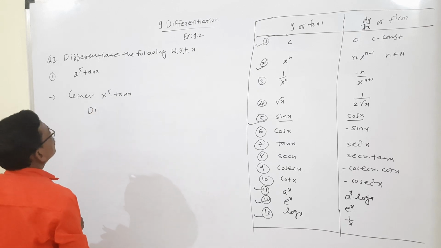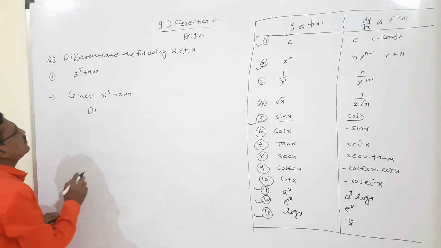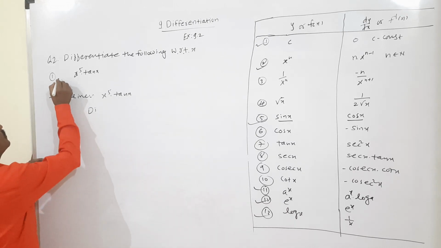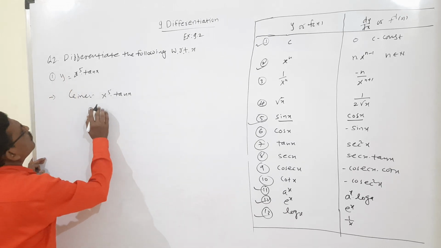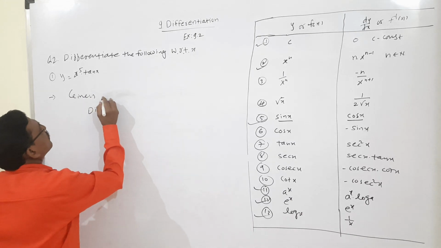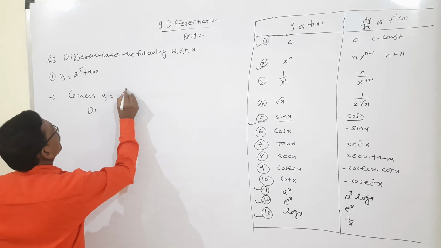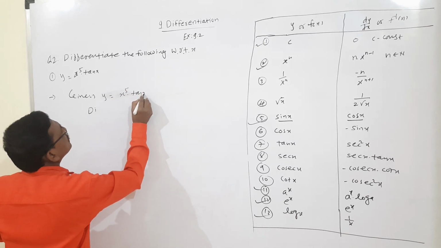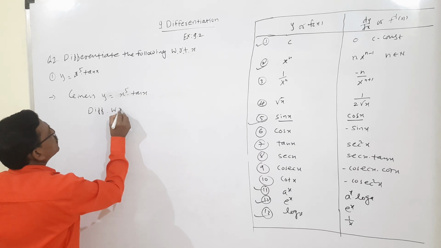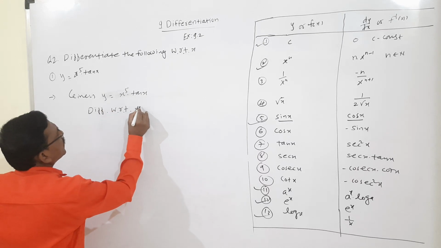Let the given function be y, so y equal to x raised to 5 into tan x. So differentiate with respect to x.